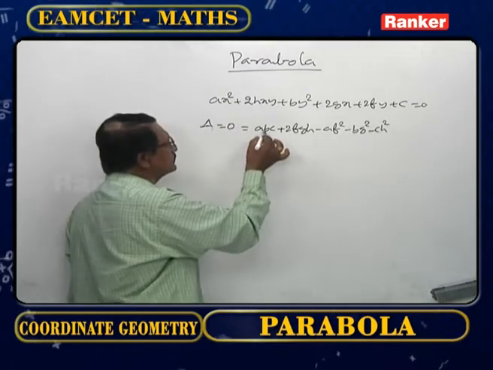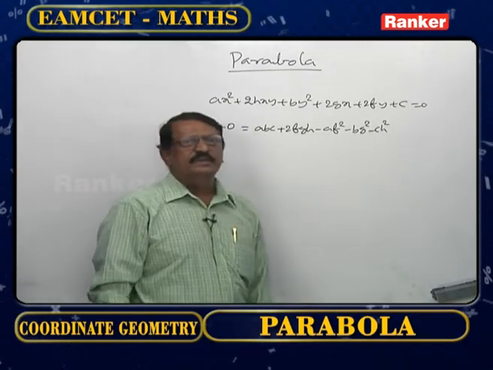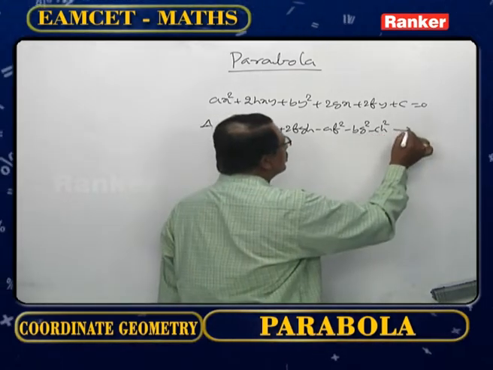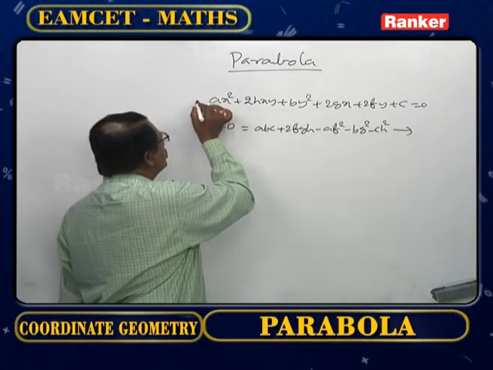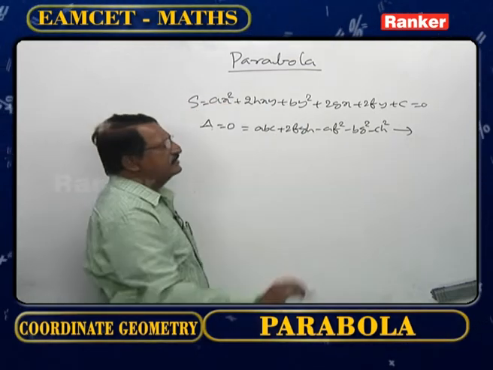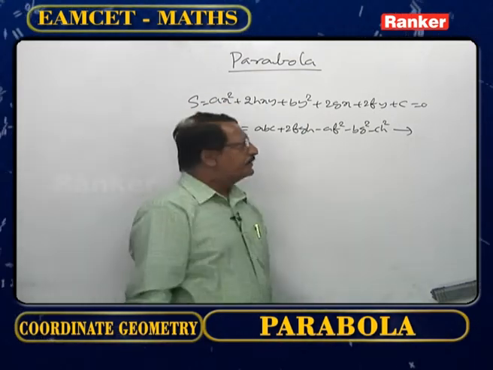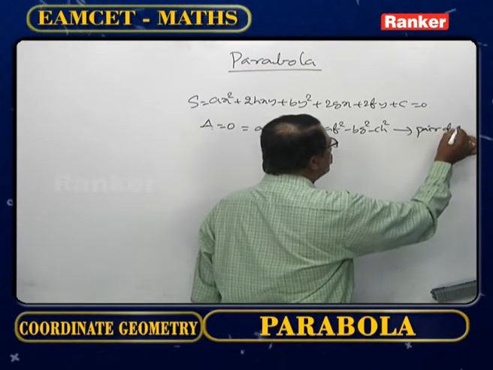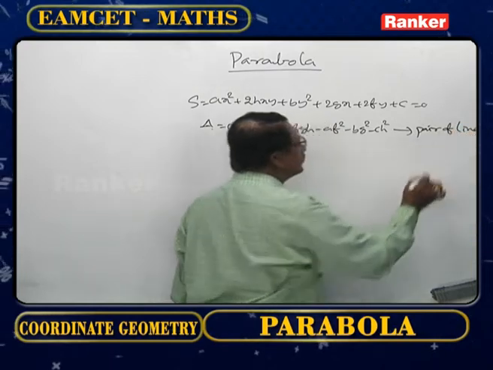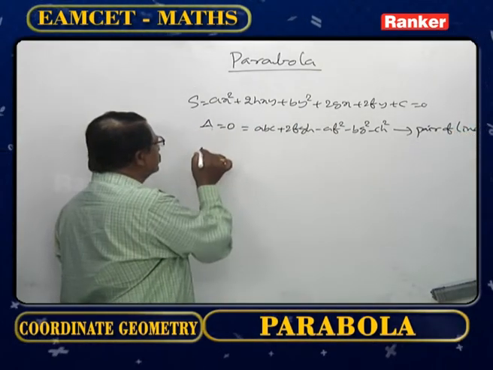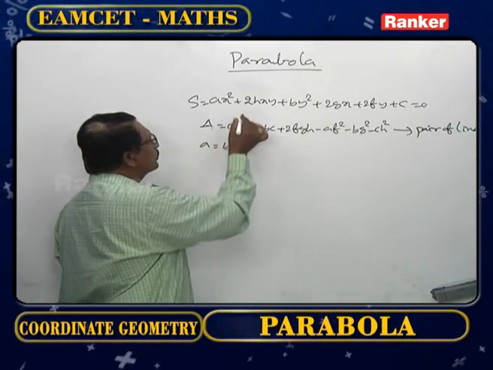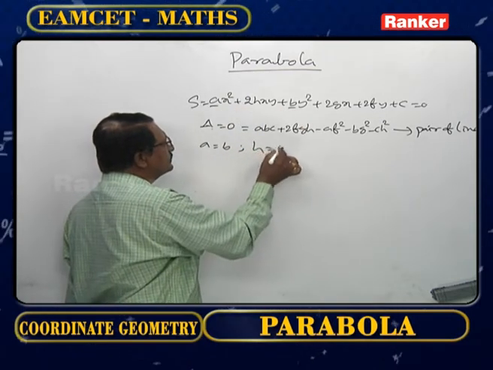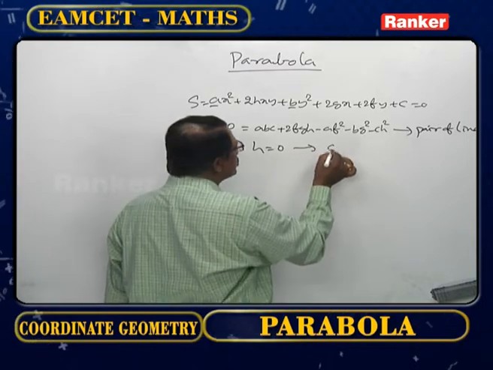If delta equals 0, then the second degree general equation, S equals 0, represents a pair of straight lines. Next, if a equals b, the coefficient of x square equals the coefficient of y square, and the coefficient of xy, h, equals 0, then it is a circle.